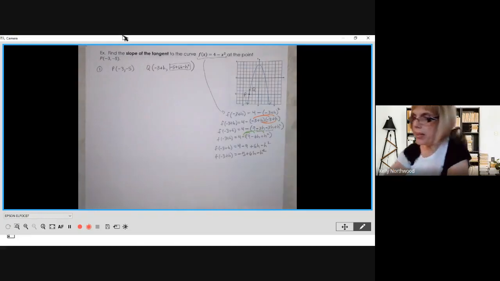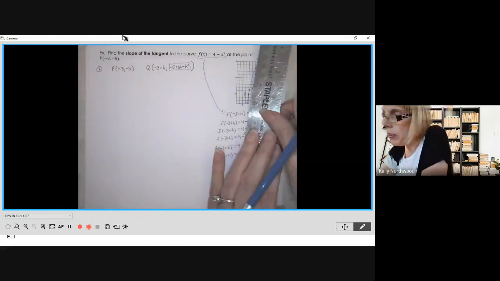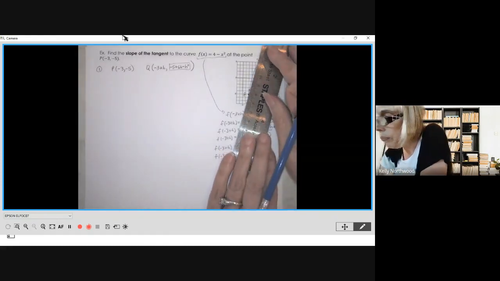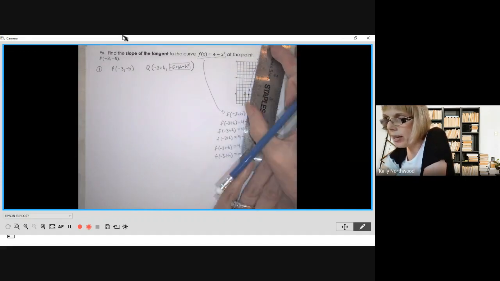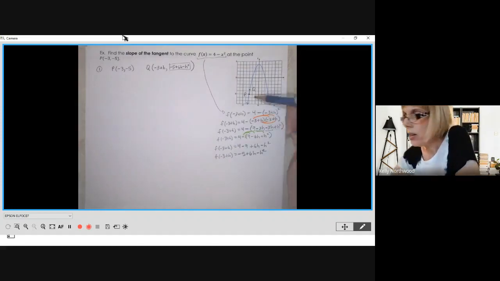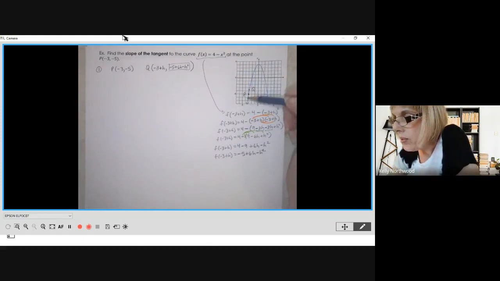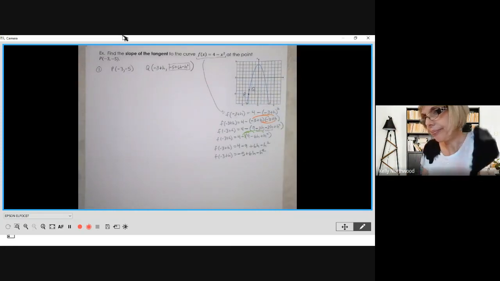Just going back to the picture for a second, I always like to, especially if I have a picture, look at my picture and make a prediction of my slope, so that when I get my answer for the slope of the tangent, I can test whether it makes sense or not. So I'm expecting a positive slope of a tangent and fairly steep, if I look at my diagram there.